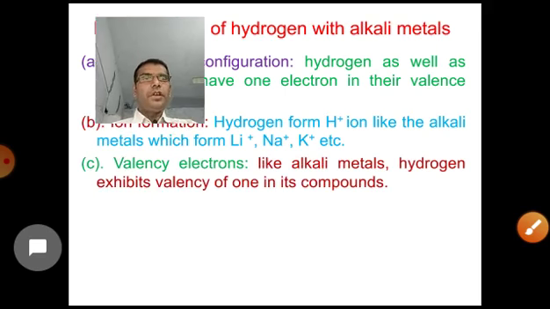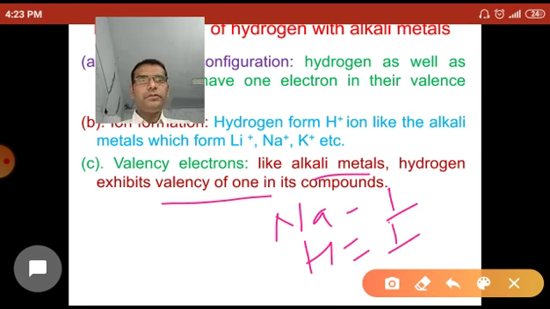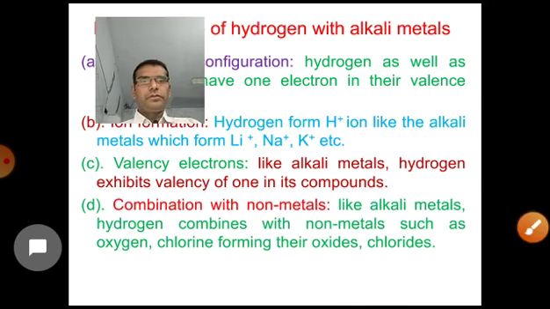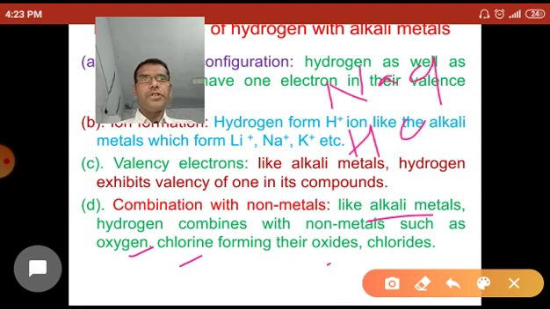Now, valency: like the alkali metals, hydrogen also exhibits valency of 1 in its compounds. Sodium has valency one, hydrogen also has valency one. Combination with non-metals: like alkali metals, hydrogen combines with non-metals such as oxygen and chlorine, forming their respective oxides and chlorides, as for example NaCl, as for example HCl.